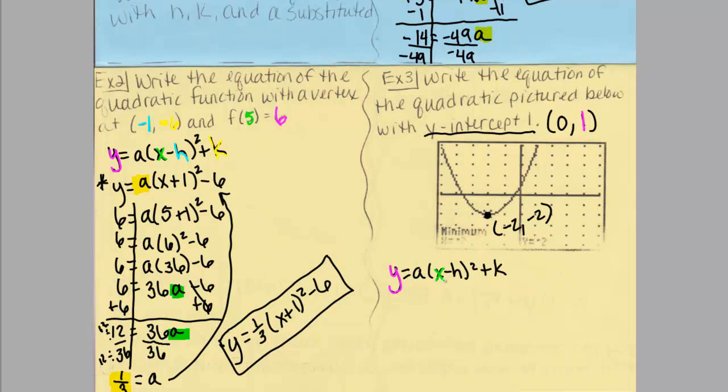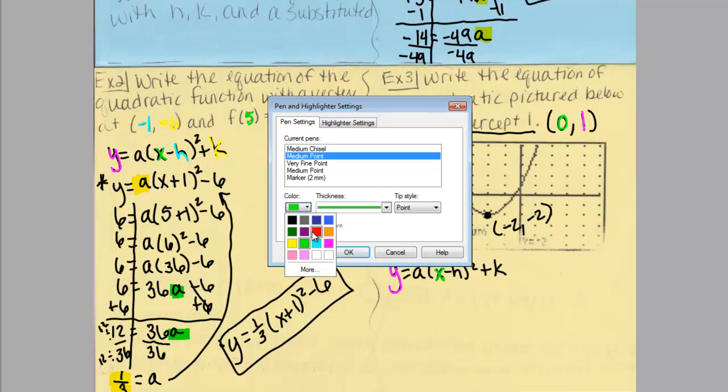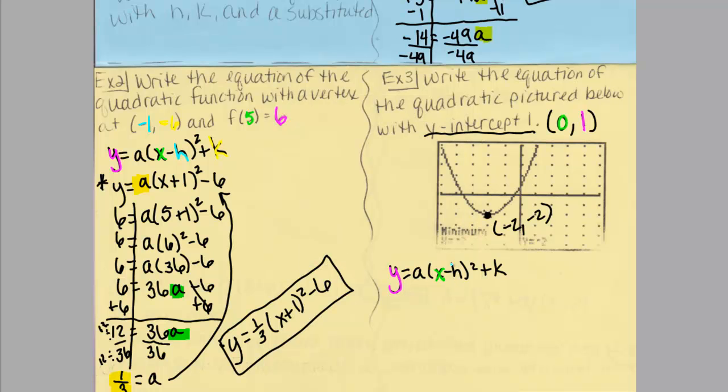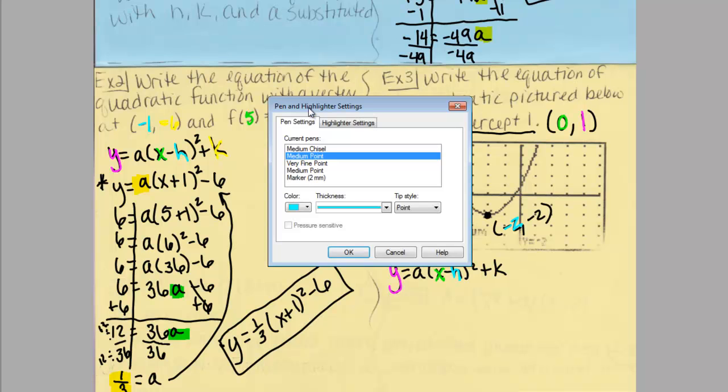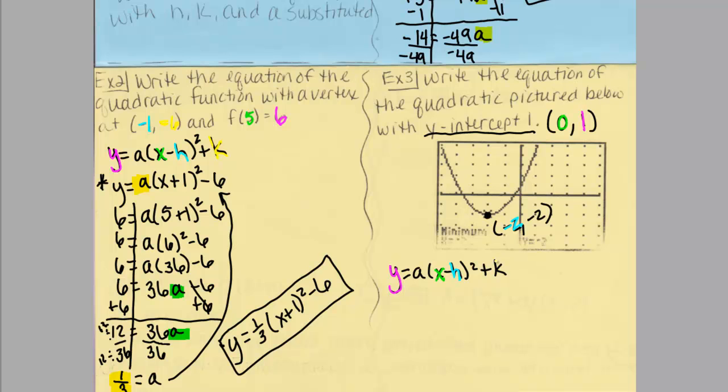Our x is 0. Our h is -2. And our k is -2.